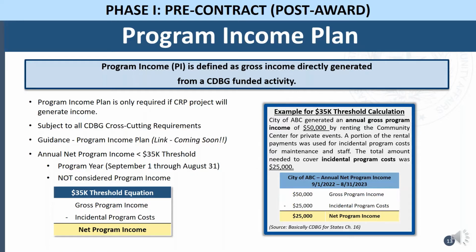So the equation calls for $50,000, which would be the gross program income, minus the $25,000 incidental program costs, leaving them with a $25,000 net program income. This would not be considered program income. If you have any more questions, please feel free to contact us and we will provide more clarification.